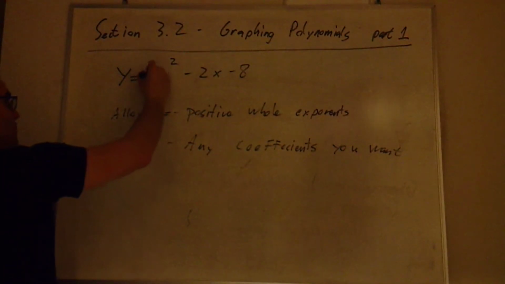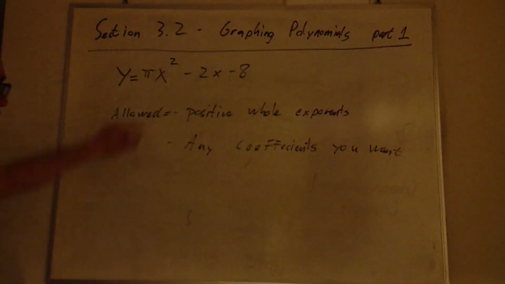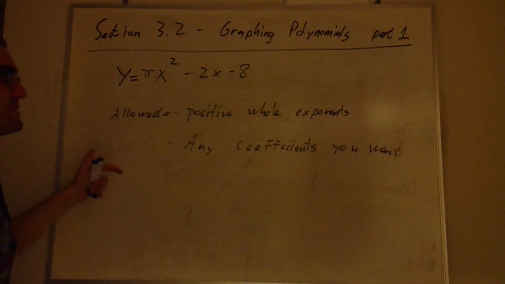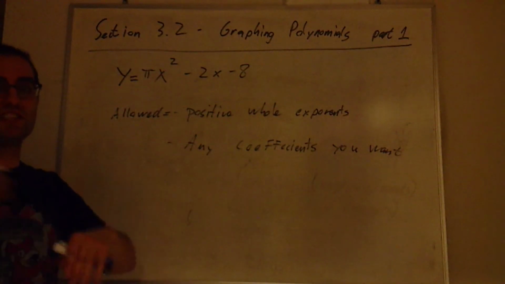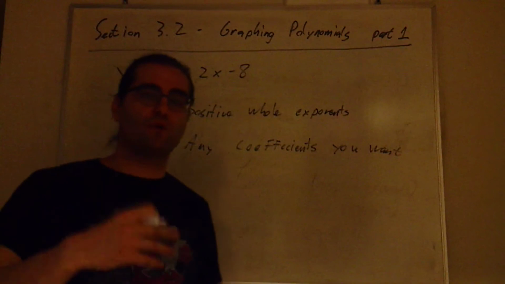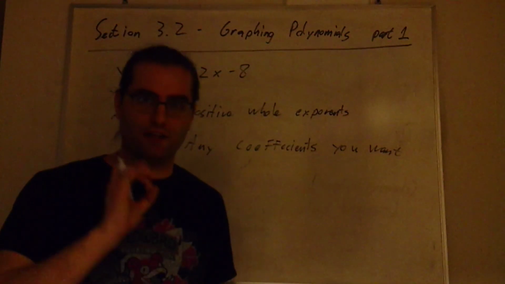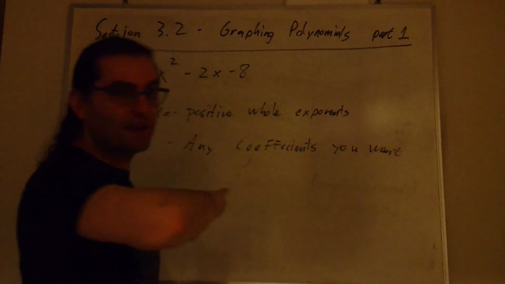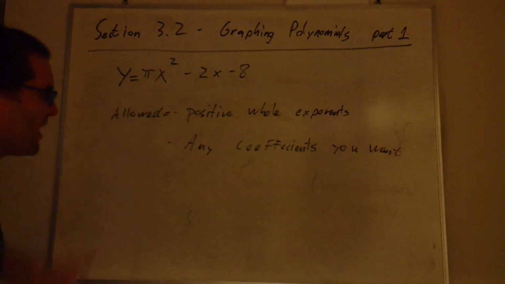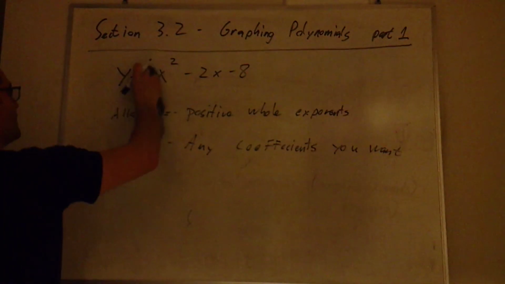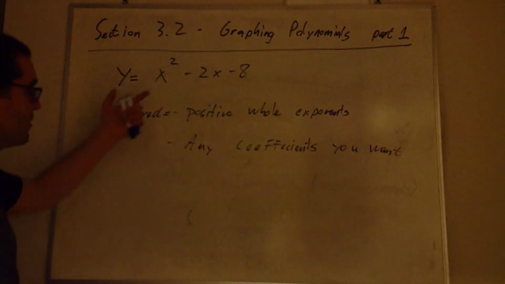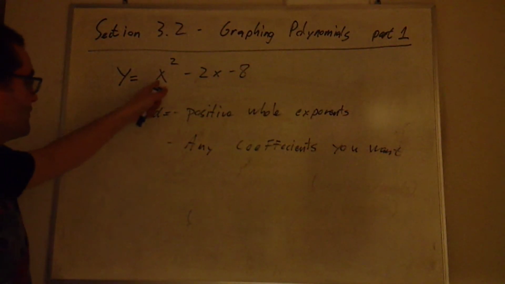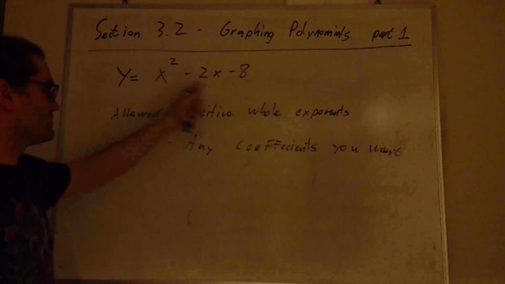If you want to get weird, you could say that this coefficient is pi, or weird numbers, whatever you like. Coefficients can be anything. Coefficients never count as weird stuff. Coefficients are always very safe and reliable and easy to use. So coefficients can be anything, they never count as weird. You can put a pi here. That's safe. So, anything you want, this is a polynomial, as long as you've got positive whole exponents.